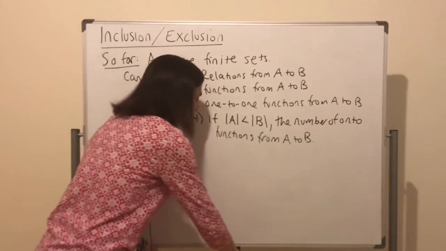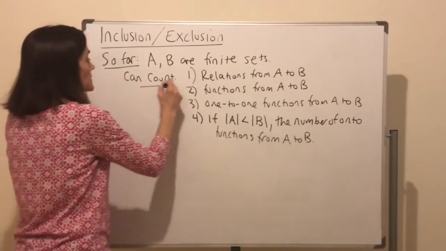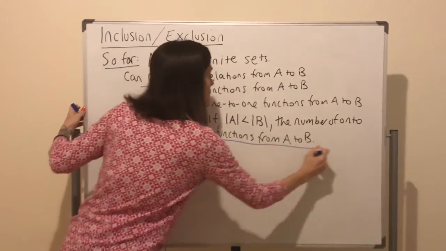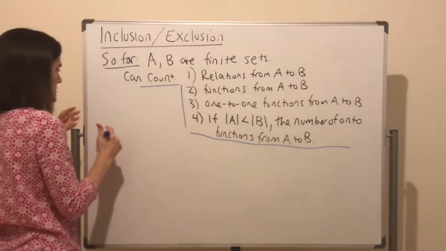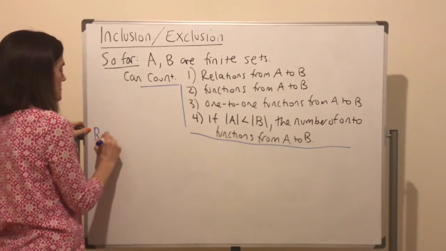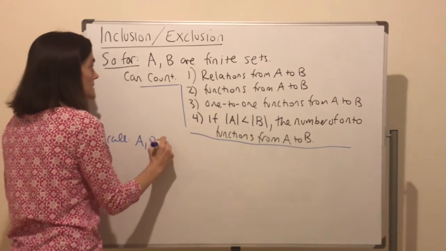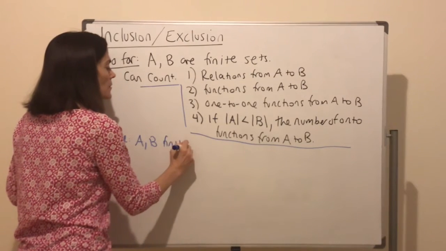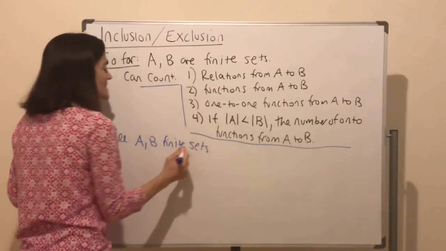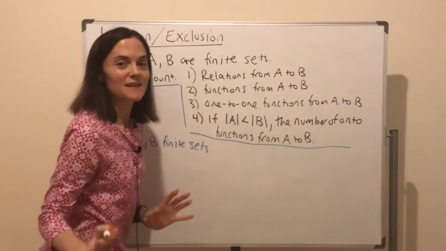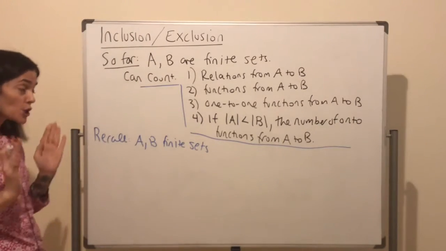But before I do, let me give you a reminder, because we have discussed inclusion, exclusion when we have two sets, certainly. So let's recall, if we have A and B finite sets, same setup. But in this case, I'm not counting functions, relations, or anything like this. I'm just thinking about cardinality of A, cardinality of B, cardinality of the union.